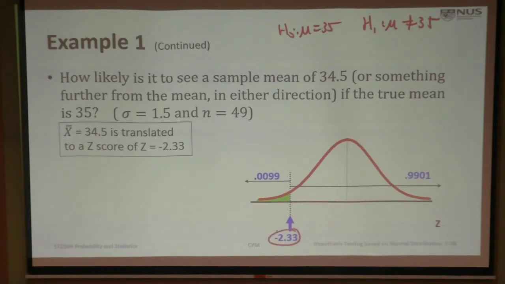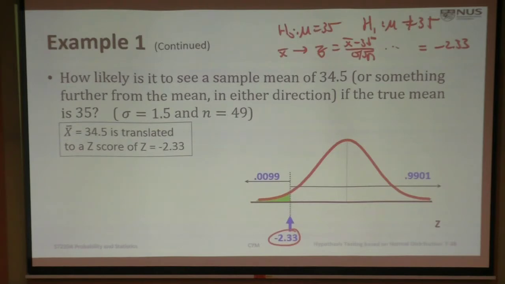That is from the data. After you get the data, you compute x bar, and then from x bar you calculate z, which is x bar minus 35 over sigma over root n. For this data, it turned out to be minus 2.33.